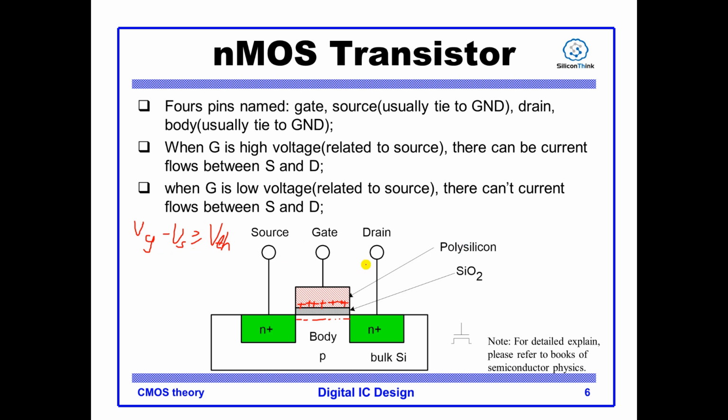At this condition, if you give a voltage on the D pin, on the drain pin, there will be current flow from drain to source.